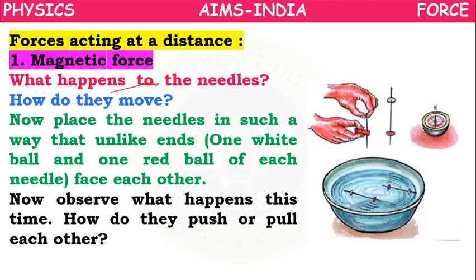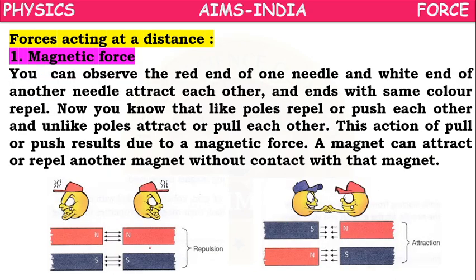So what happens, you have to observe. Now next you have to place the needles in such a way that unlike ends are facing each other. So what have you observed? When the like poles are facing each other, you can observe repulsion.